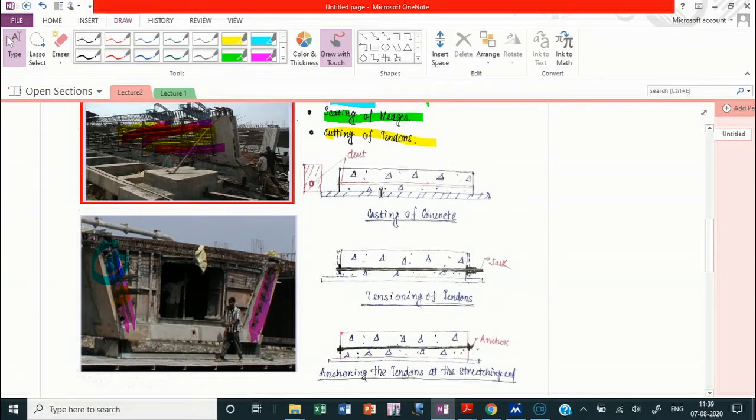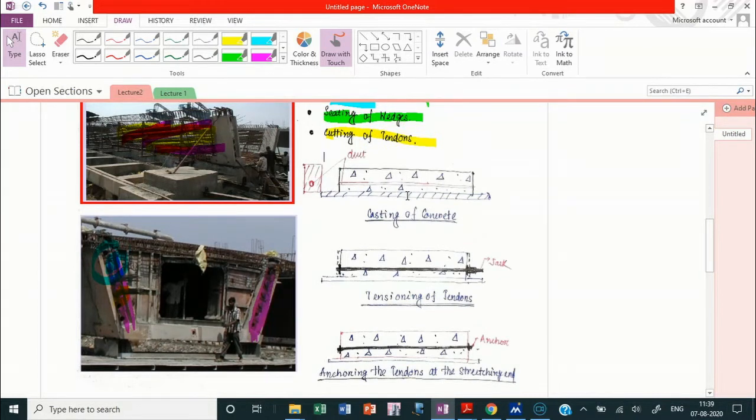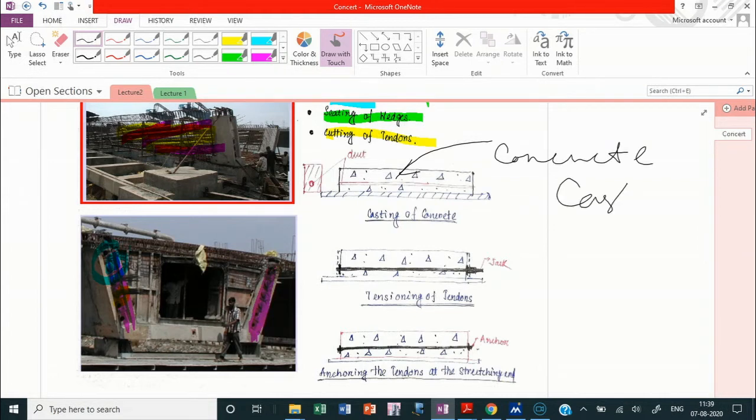Please look into this schematic diagram. First, concrete is cast.